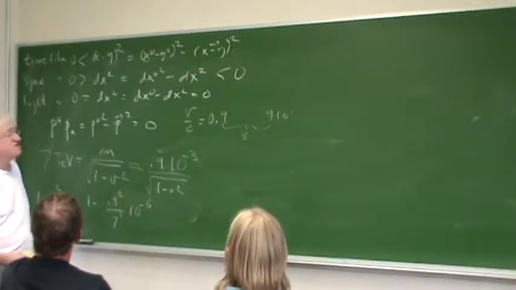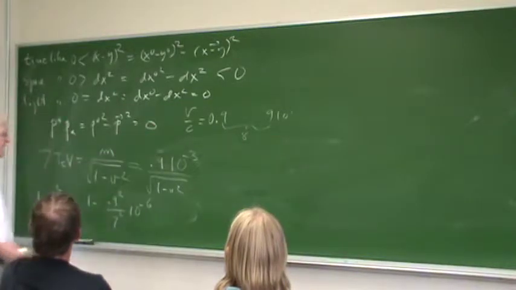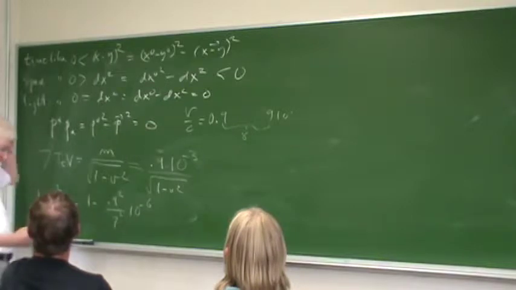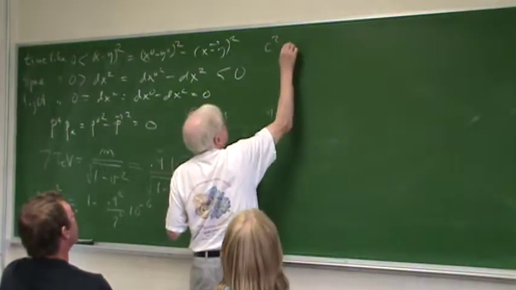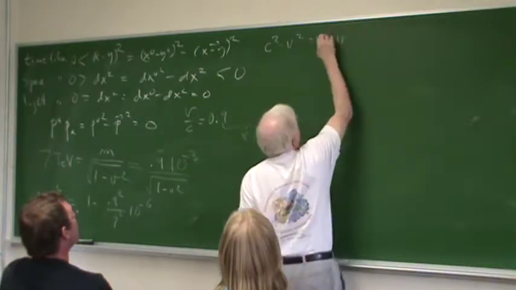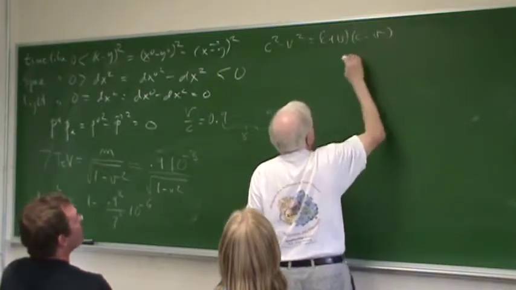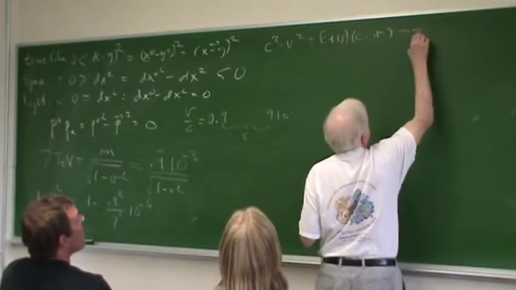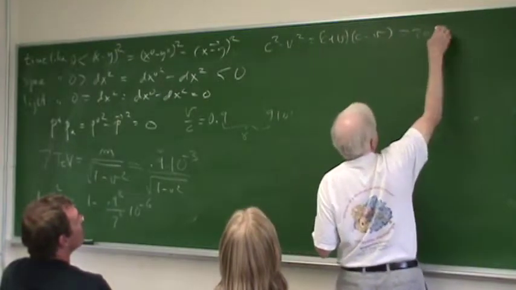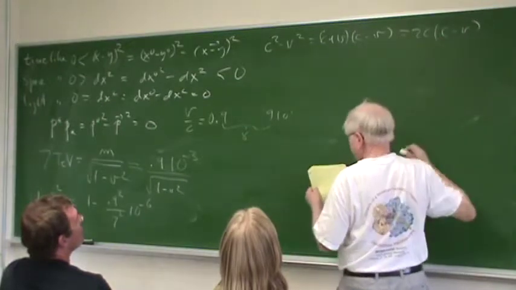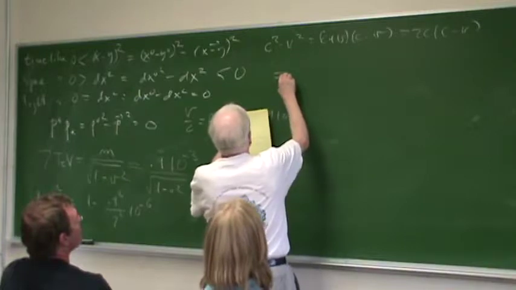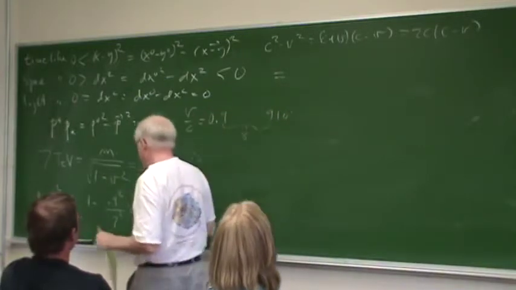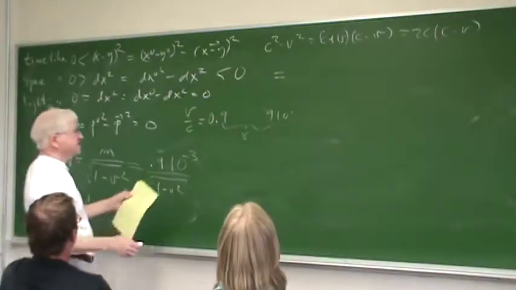If you want to answer the question, though, you have to express v over c, or c minus v, in kilometers per hour. And so, of course, c squared minus v squared is c plus v times c minus v. Now, c plus v is just 2c, because v is essentially c. So basically, what we've got is that this c squared minus v squared is this thing here times c squared.